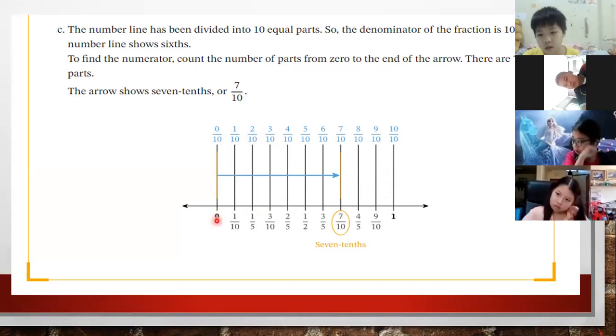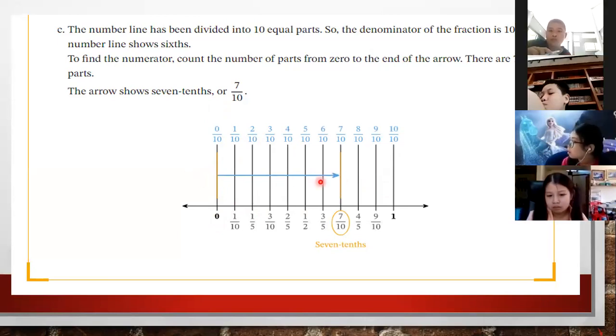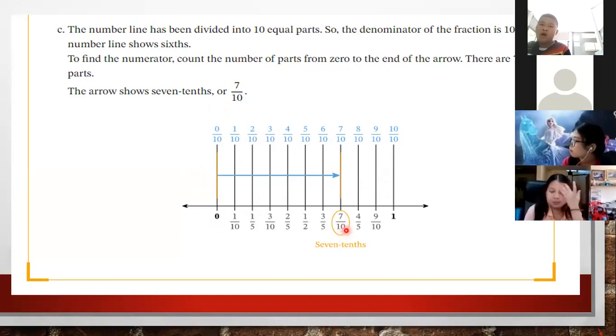And then you start with 0. And then you find the answer with this arrow. From 0, from this arrow, from this part, what is the answer? This encircled one.